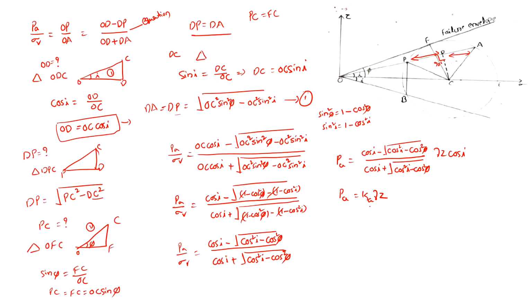So if we calculate the active earth pressure while the backfill is in inclined condition, then for Ka we have to use this formula.